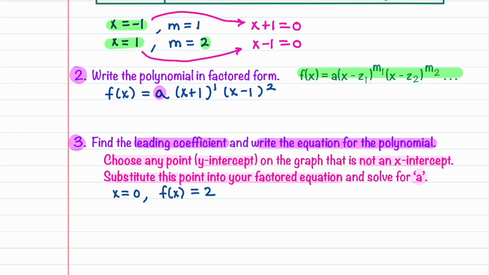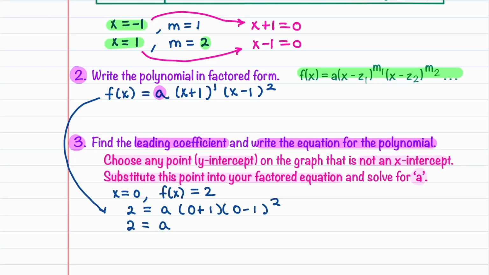So what we're going to do is take this equation and substitute in x is equal to 0 and f of x is equal to 2. So we have a 2 on the left, and we have a, and then we have a 0 plus 1, and then we have a 0 minus 1 squared. Let's simplify on the right, and this gives us just a, because minus 1 squared is just 1. And that's it.